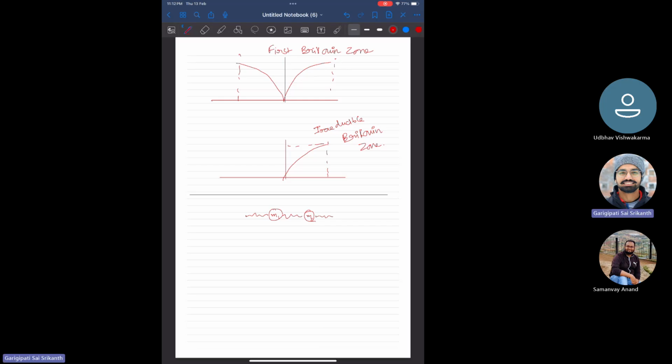Maybe this is K1 and this is K2. Why is this K2? Well, if this is not K2, then the degrees of freedom would increase, because M2 has to connect to the M1 of the next unit cell.